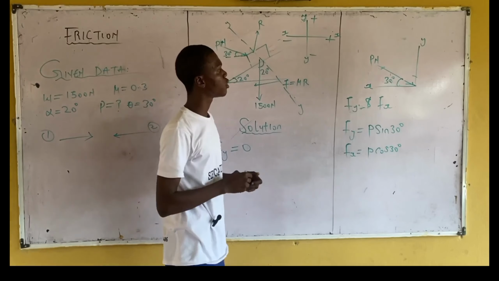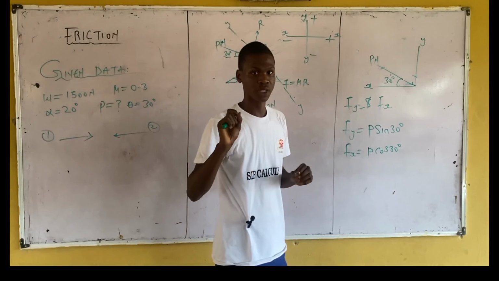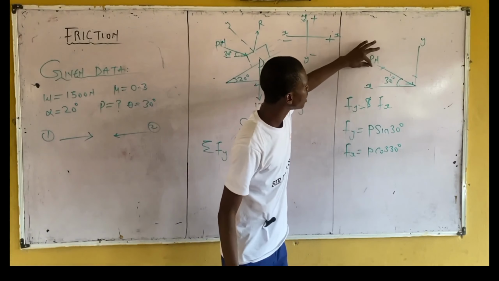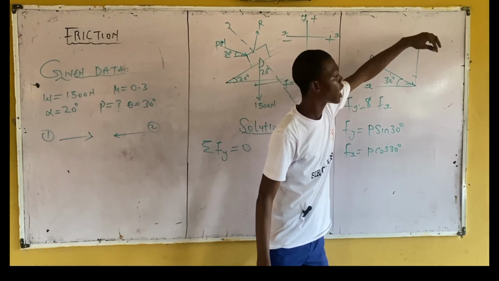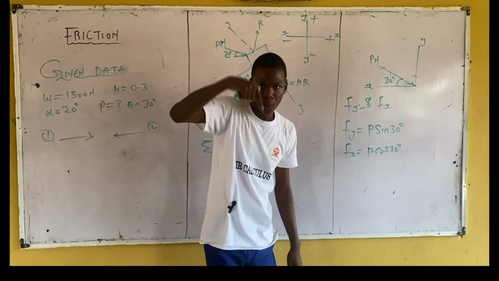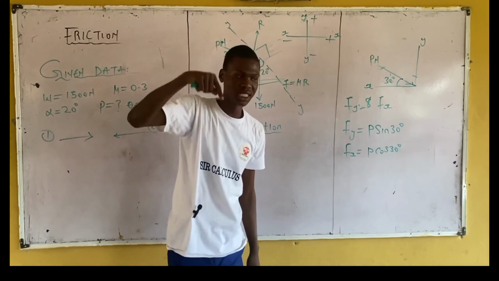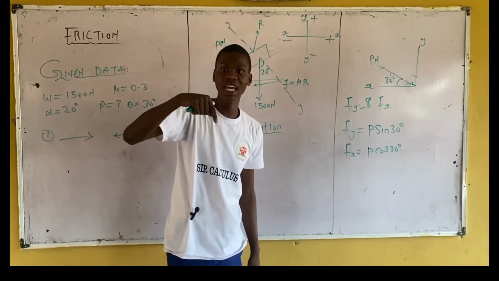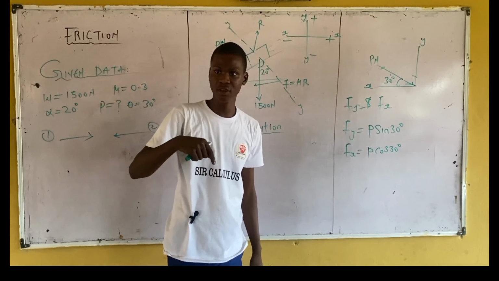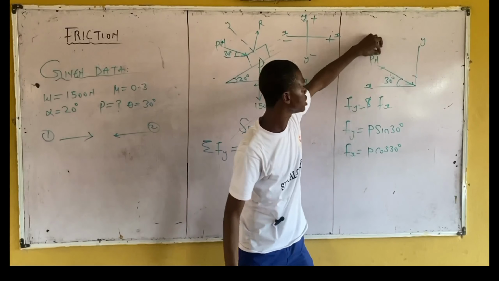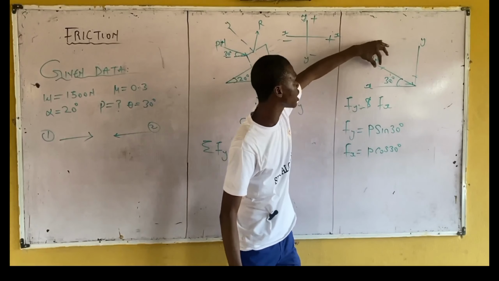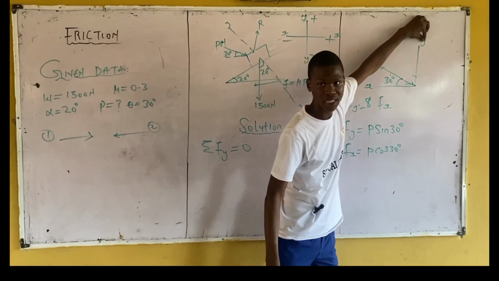Now look at this very well. I want you to observe something. By the time you resolve this force to the vertical, where will the arrowhead be facing? Down. Since it is facing down, what's the sign? Negative. Hope you are getting the concept. Just imagine that you are taking this arrow and dragging it to the vertical.